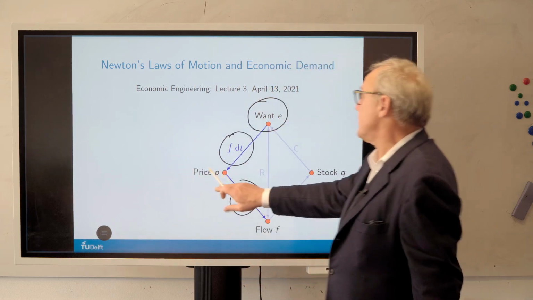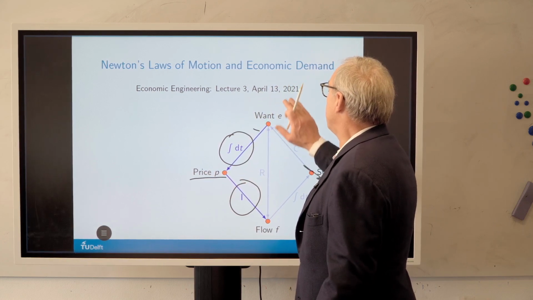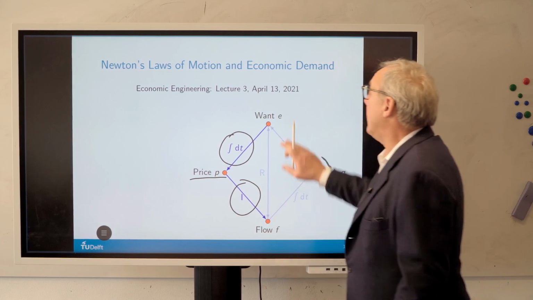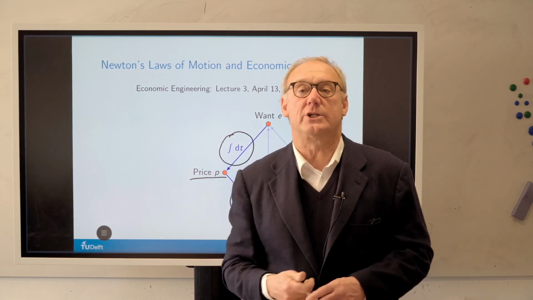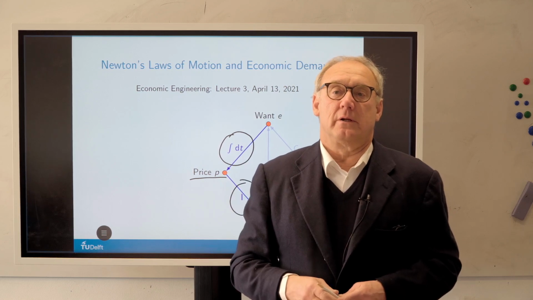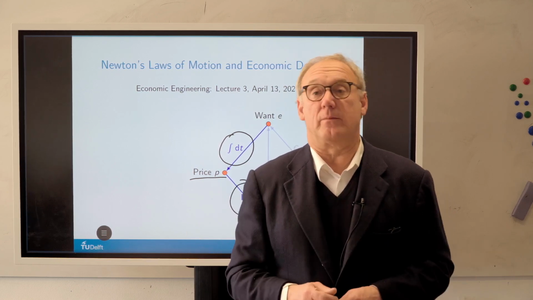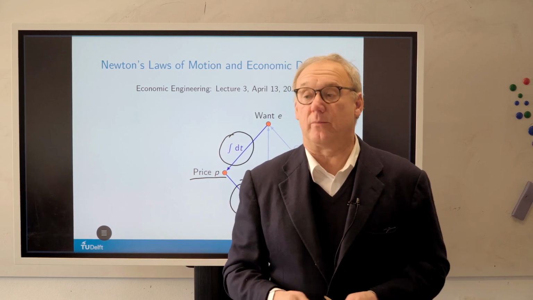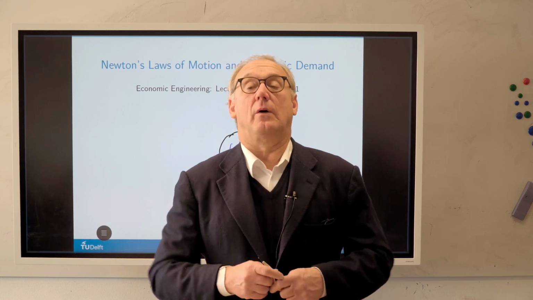Then there is a notion of price. And these wants of ours, they endow things with a price. So why are cars expensive? Well, because people want them. Why is gold expensive? Because people want it. Why are diamonds expensive? Well, people want them. Why is water so cheap?